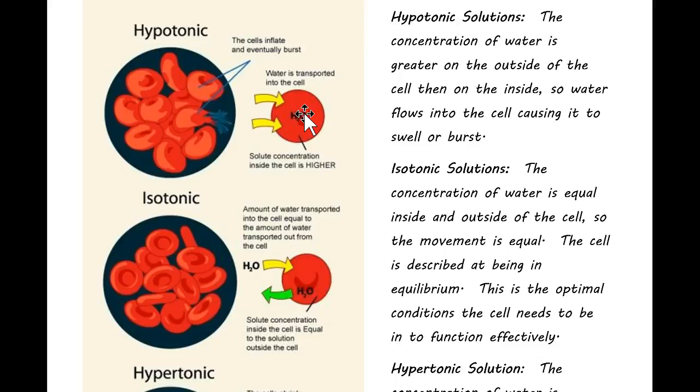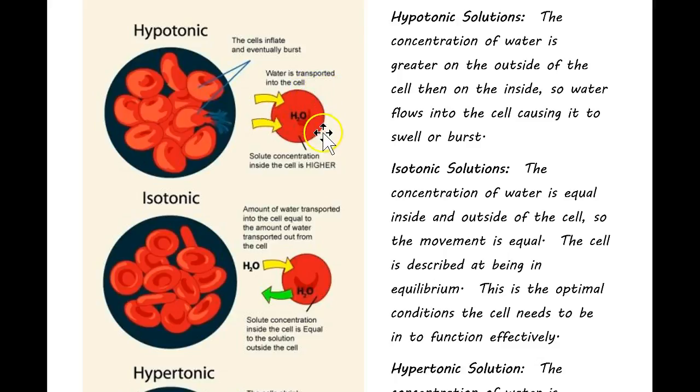So let's think of a balloon. If we kept putting air into the balloon, what's going to happen to the balloon? Yeah, it's going to get bigger and eventually it's going to burst. Exactly. So cells that are in hypotonic solutions are going to swell and burst.